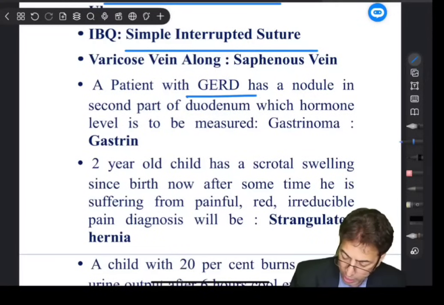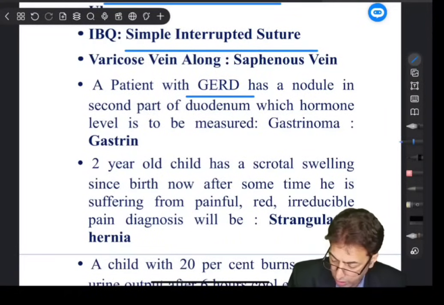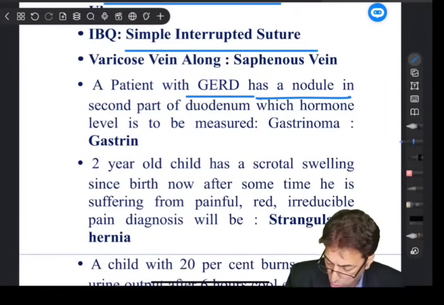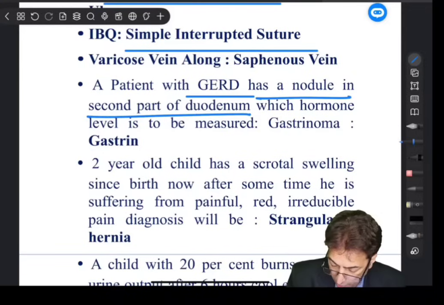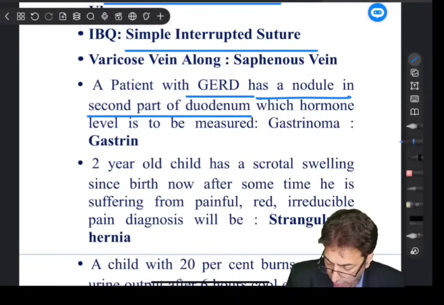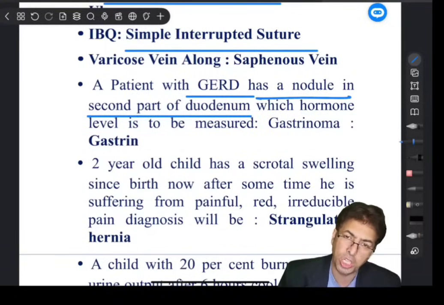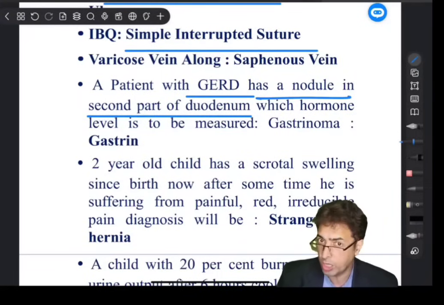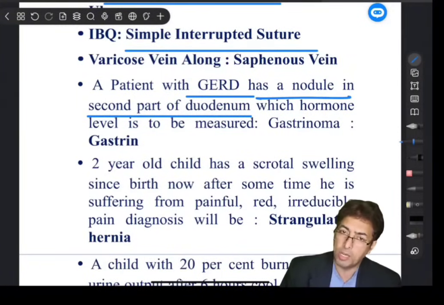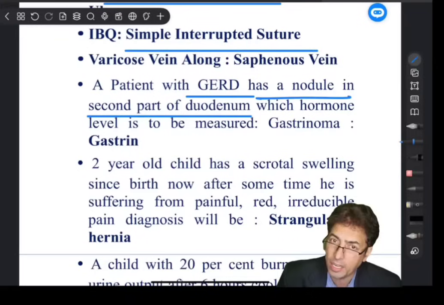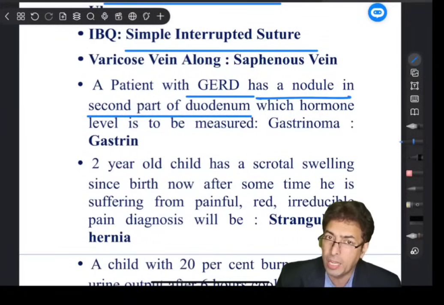Now there was a question: a patient with gastroesophageal reflux disorder has a nodule in the second part of duodenum, and basically in the history it was mentioned, though the question was not clear as yet, but some students told me that the question had recurrent epigastric pain, not responding to conventional proton pump inhibitors.